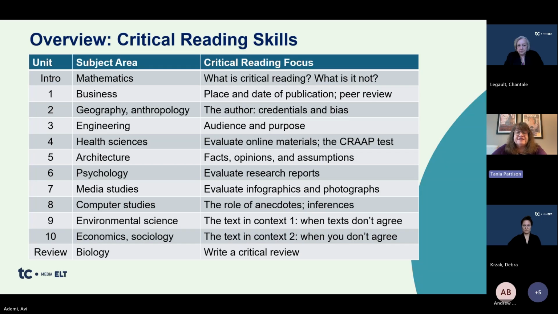Going through what's in the text itself to making connections, looking at the text compared with other texts, with other sources of input, and compared with the reader's own experiences. And the culminating task in the final unit is to bring all this together and write a critical review.